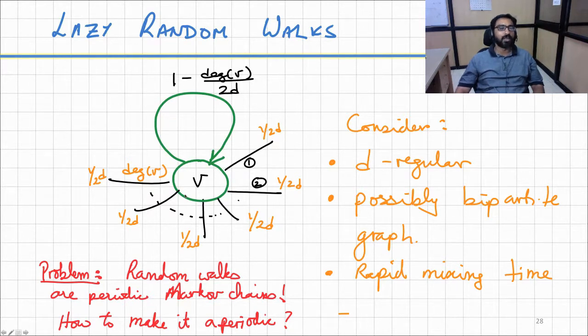It won't move with that much probability. And the important thing to keep in mind is that no longer is the Markov chain periodic. So you may want to pause for a little while to convince yourself of this fact.